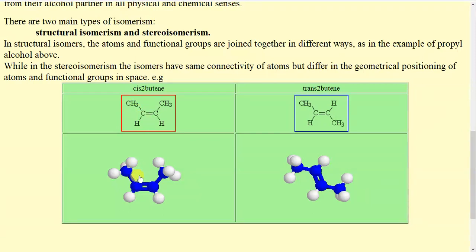Now you can see that both of the methyl groups are in one plane, so the electrostatic forces generated by different atoms are different from this structure, in which the methyl groups are at opposite sides.